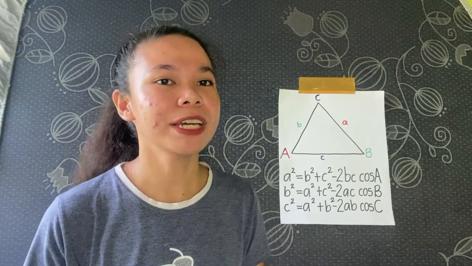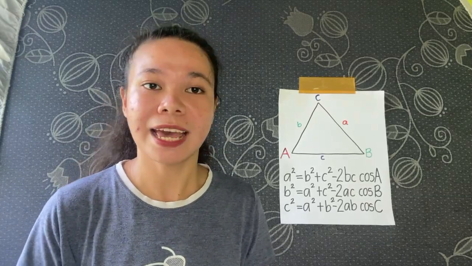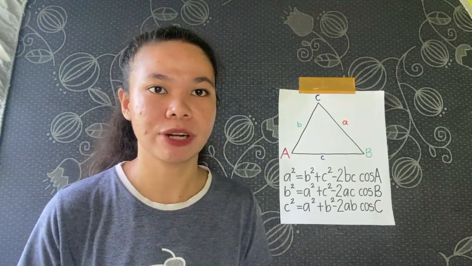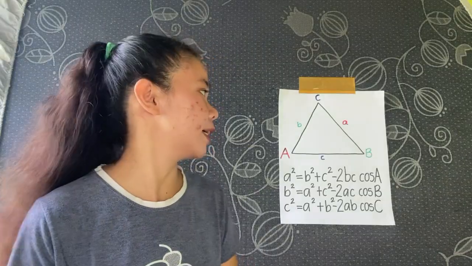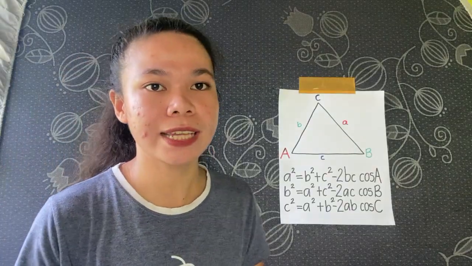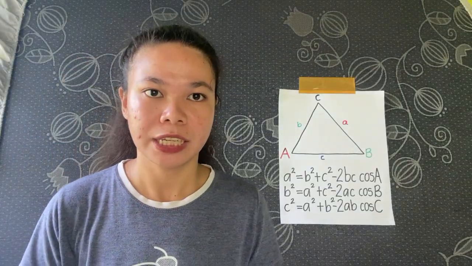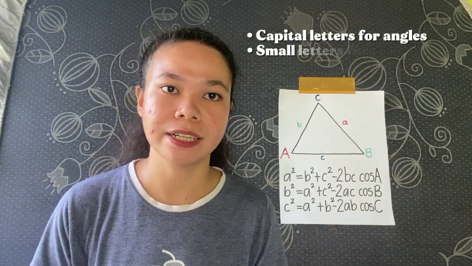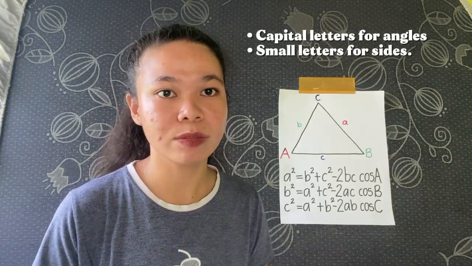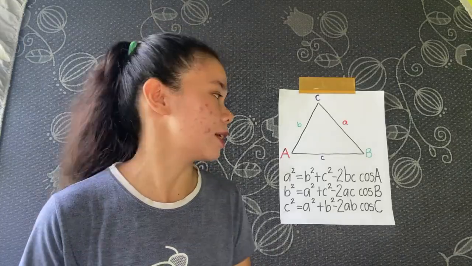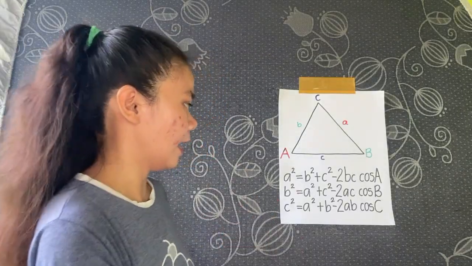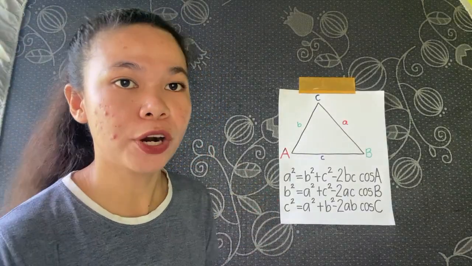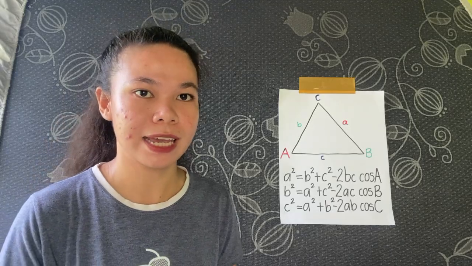So, we have here triangle ABC, and this is a good example of an oblique triangle because, as we can see here, it does not contain any right angle. Now, recall that in naming triangles, we use capital letters for its angles and small letters for its sides, just like what we have here. And these three are the formulas for the law of cosines.